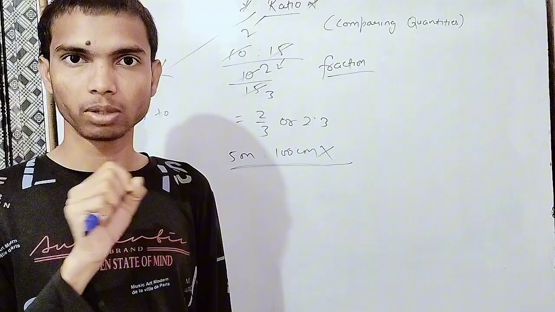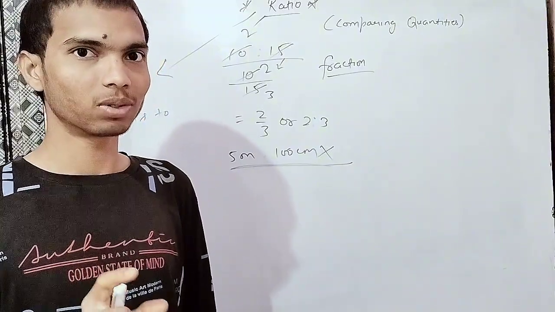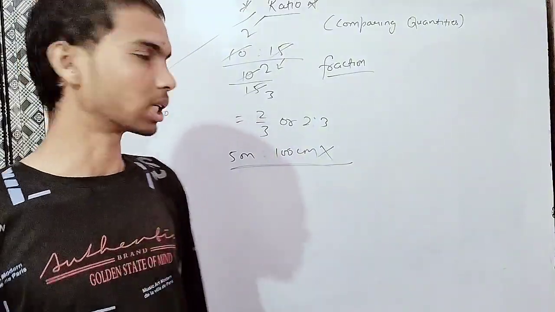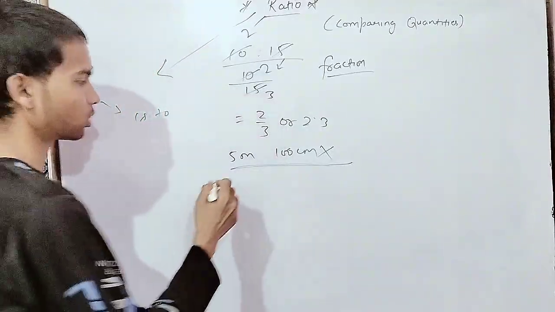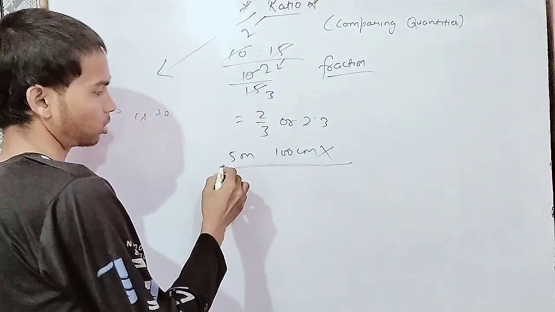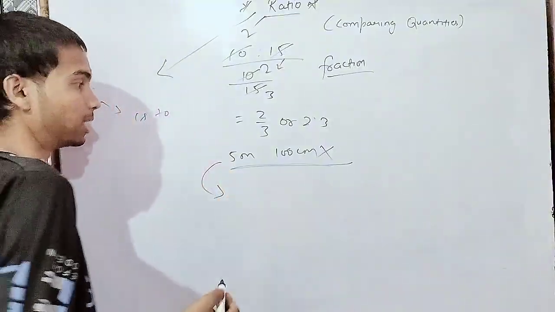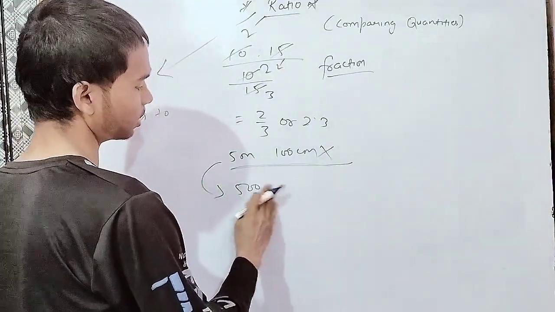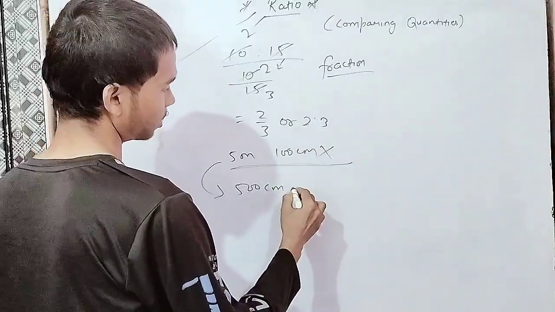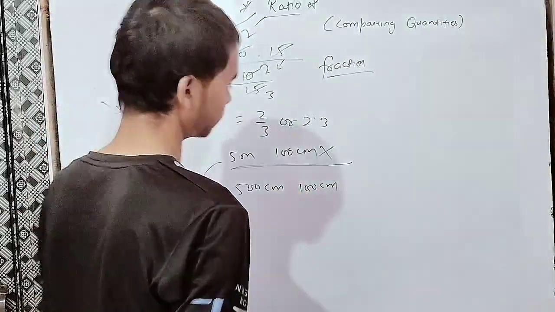Then that ratio will be the exact ratio. Units are not the same, that's why it will be written as a ratio of 500 centimeter is to 100 centimeter.